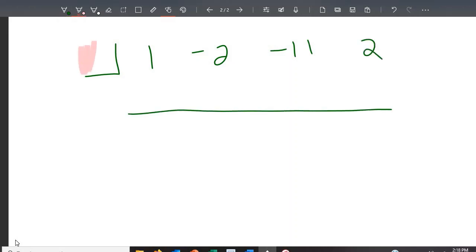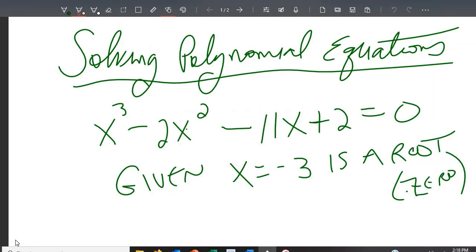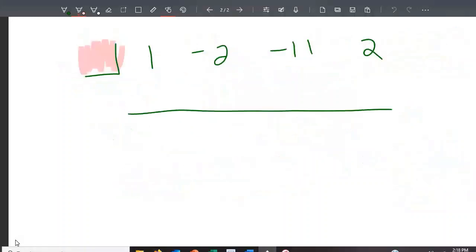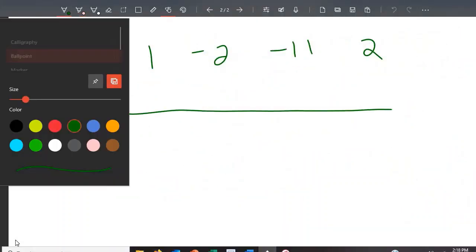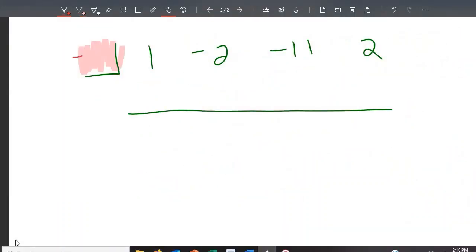The number that goes here, when it's written like this, is the number that goes in the little half box. It's giving me the number to put in here already.